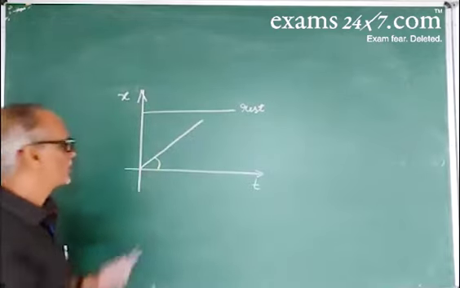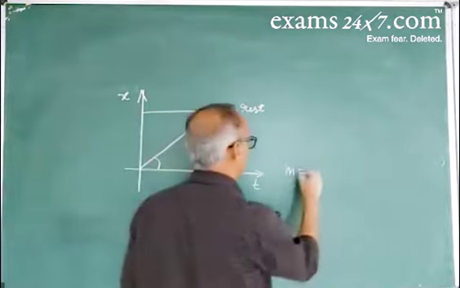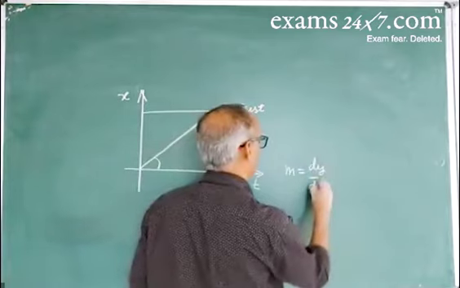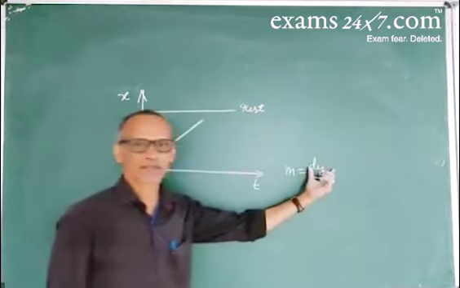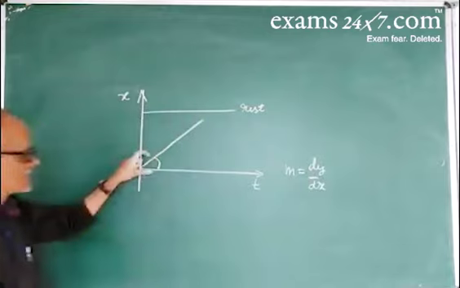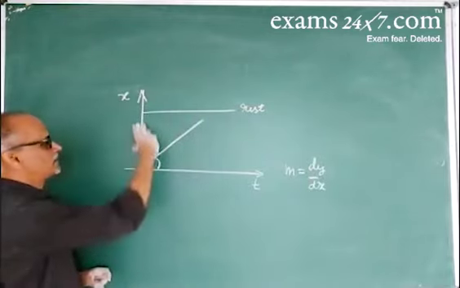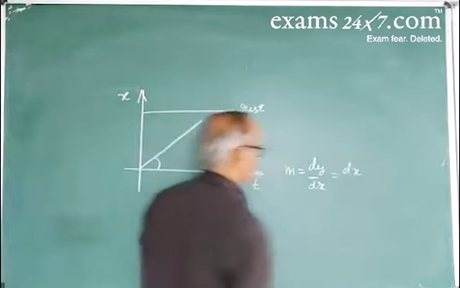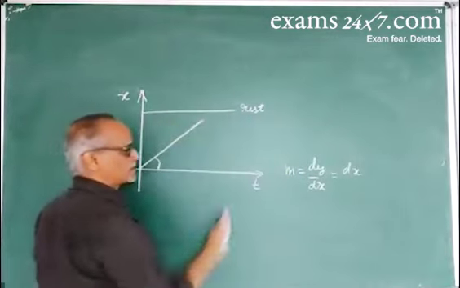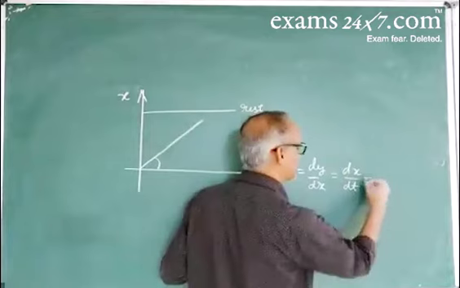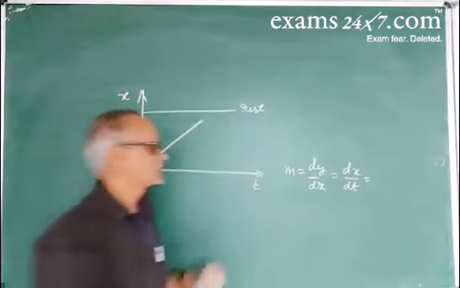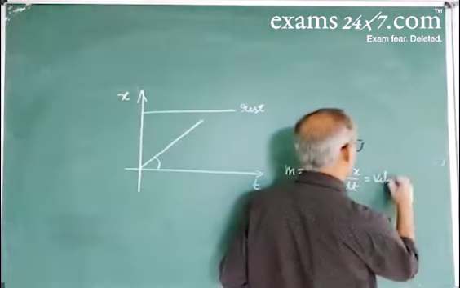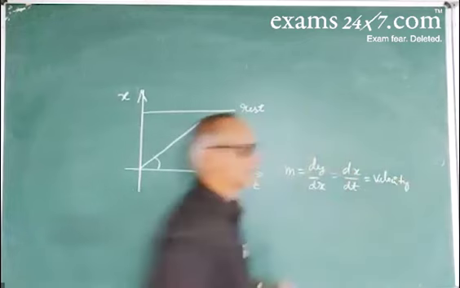How to find the slope of any graph? The slope is equal to the change in the y-axis to the corresponding change in the x-axis. The change in the y-axis is nothing but dx, and the corresponding change in the x-axis is nothing but dt. So dx by dt gives velocity. Therefore, the slope of the XT graph always gives the instantaneous velocity.